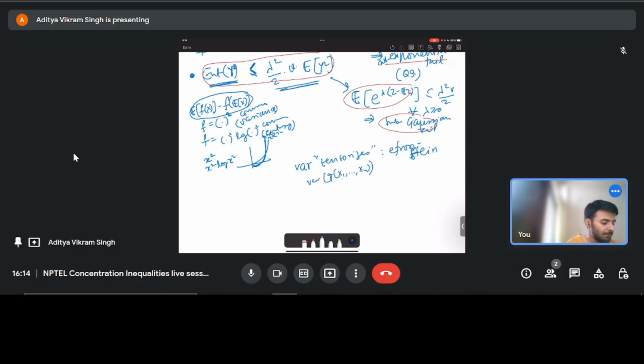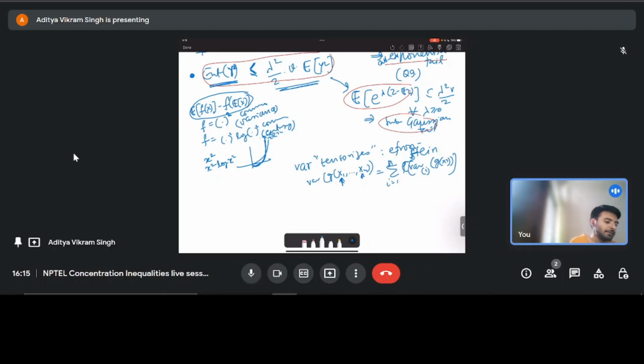It means that you can just compute the variance with respect to each coordinate while fixing all the other coordinates, and then obtain the variance as the sum over i equals 1 to n of the variance after fixing everything except the ith coordinate, and then take the expected value. So you can fix everything except one coordinate, find the variance with respect to that coordinate, and sum all of them. And that gives you the variance of the entire thing.